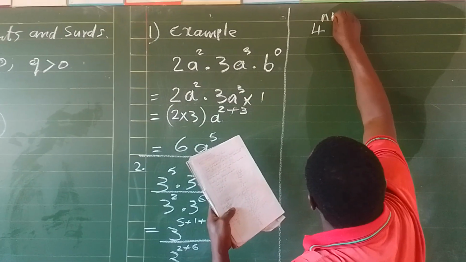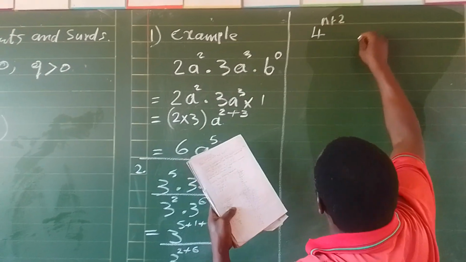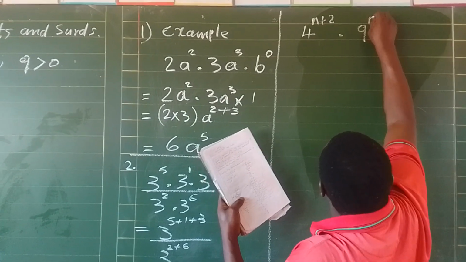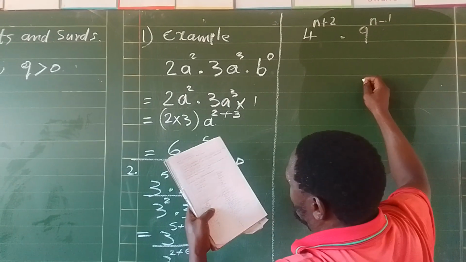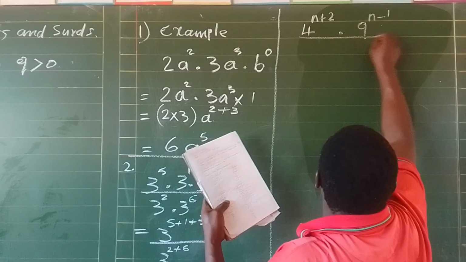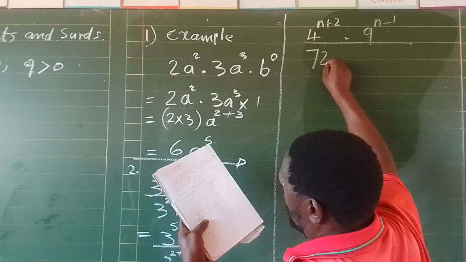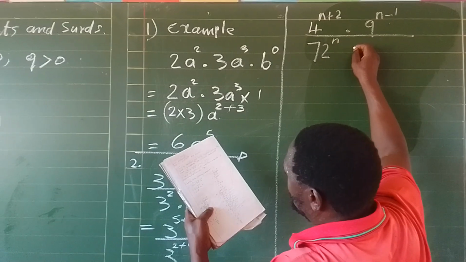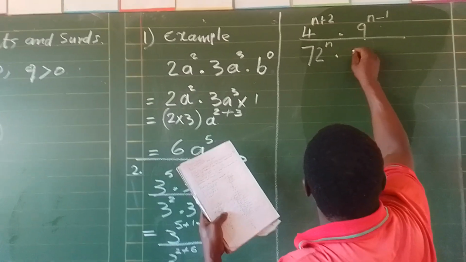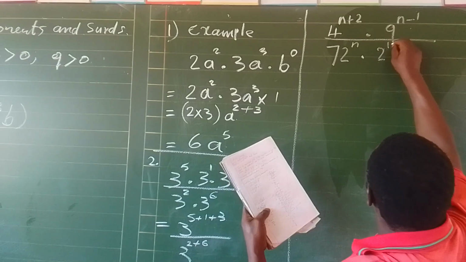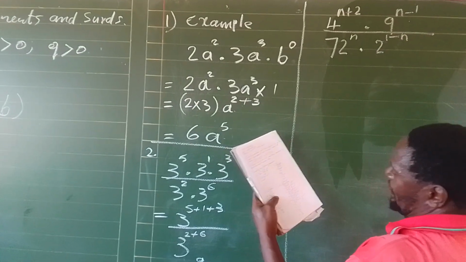2 to the power n plus 2, multiplied by 9 to the power n minus 1, divided by 72 to the power n multiplied by 2 to the power 1 minus n.